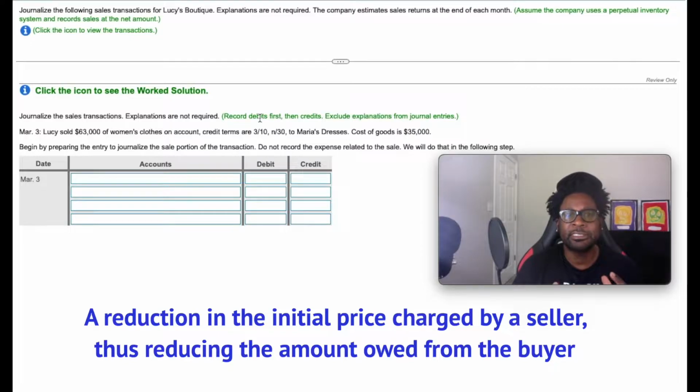A sales allowance is similar to a sales return in the fact that we grant the allowance to the customers. Now, when we say an allowance, we mean we grant an amount reduced from the initial purchase price. For example, say you bought a pair of tennis shoes from me for $100. Well, you call back and say, you know what, my heels are falling apart.